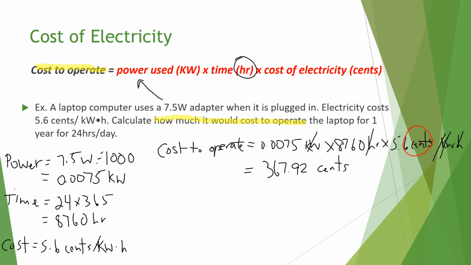So in order to put this into dollars, we're going to divide by 100. We are going to get $3.67, or if you're rounding up, this 9 is going to make the 7 an 8, so $3.68.